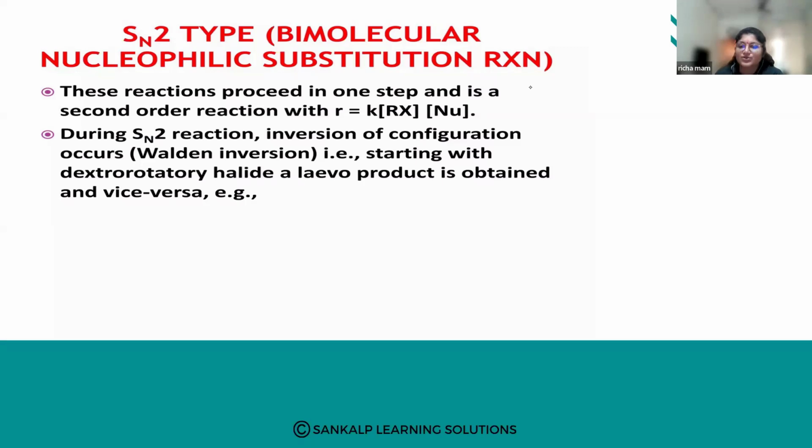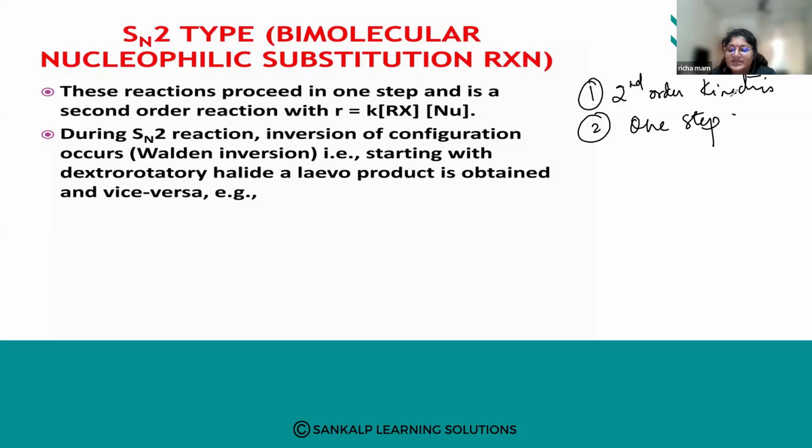So it follows second order kinetics, and it undergoes the reaction via one step.